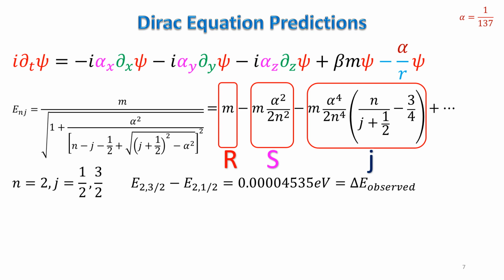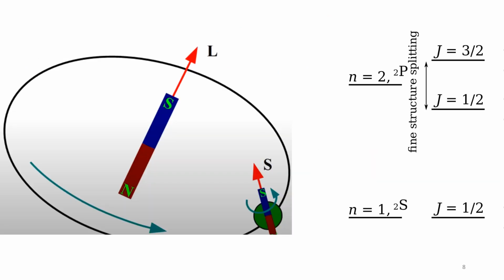So Dirac's equation actually predicts the energy difference between a 2p orbital with aligned orbital and spin angular momenta and a 2p orbital with opposed orbital and spin angular momenta. Here on this slide you can see the schematic representation of magnetic momenta because of S and L corresponding to 2s and 2p orbitals.